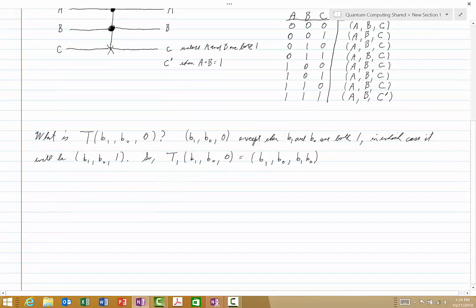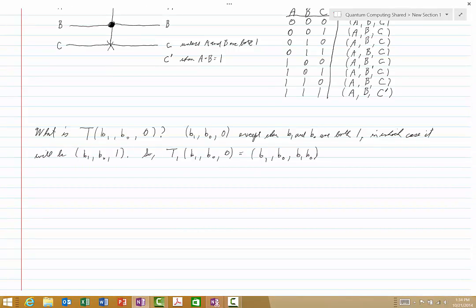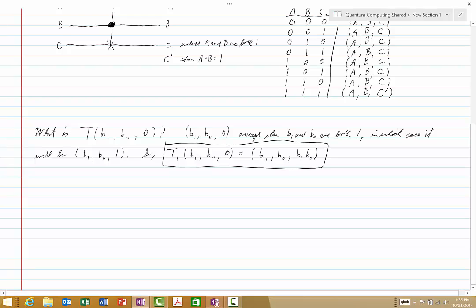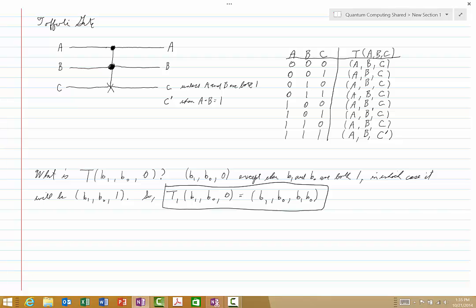Okay, so this is our first observation. And notice that this gives us then a reversible AND gate. But why do I say that it's reversible?